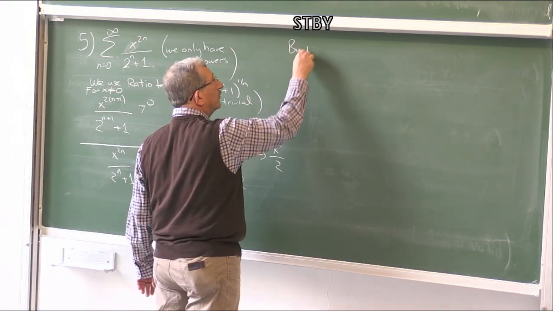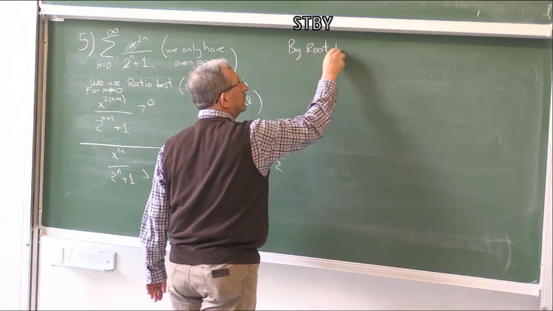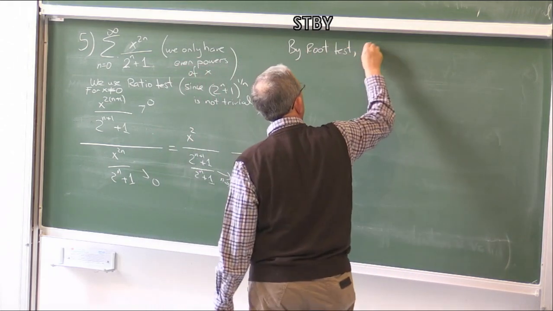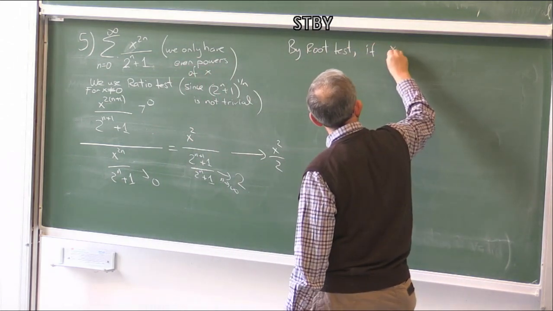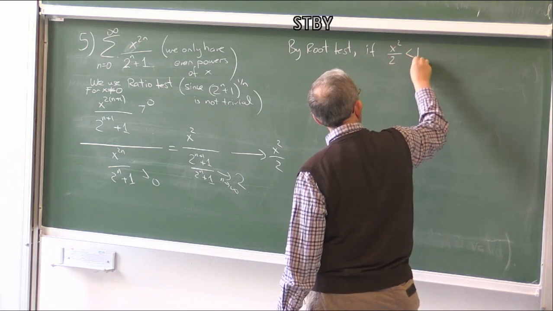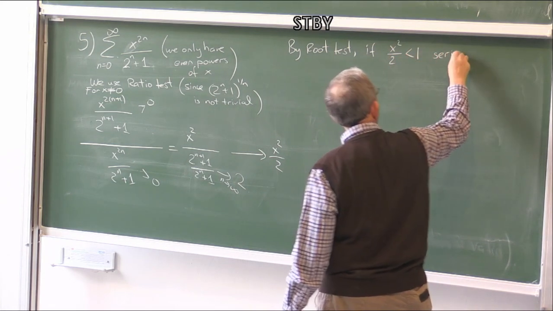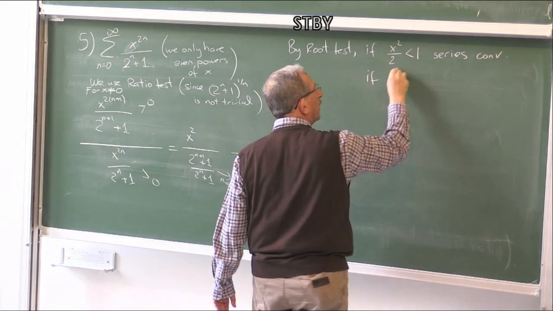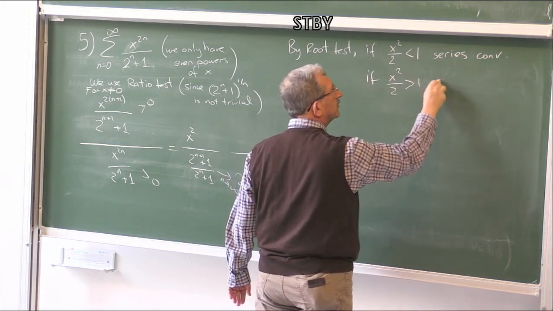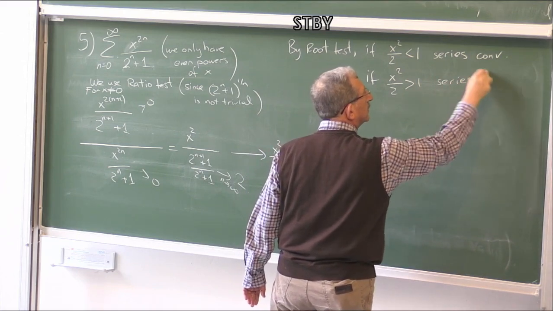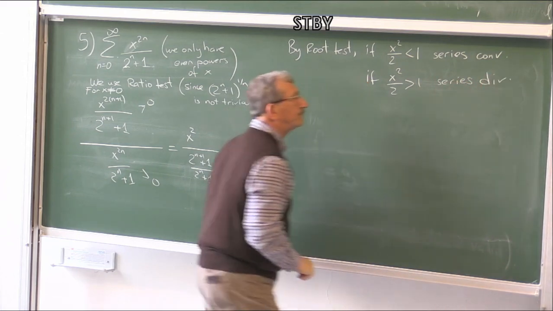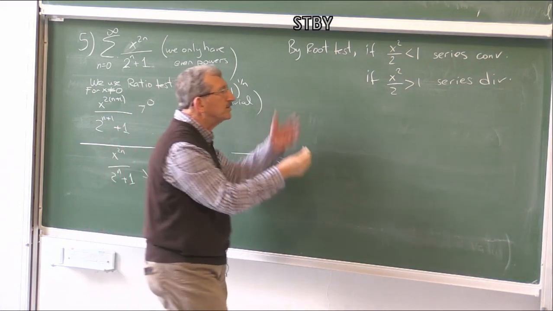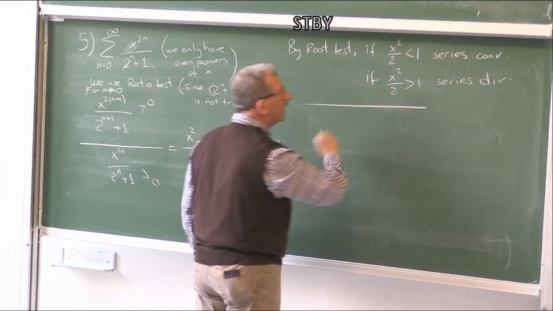Now, by the ratio test, if x squared over 2 is less than 1, the series converges. If x squared over 2 is bigger than 1, the series diverges. Now, what does all this mean? It means the following diagram.